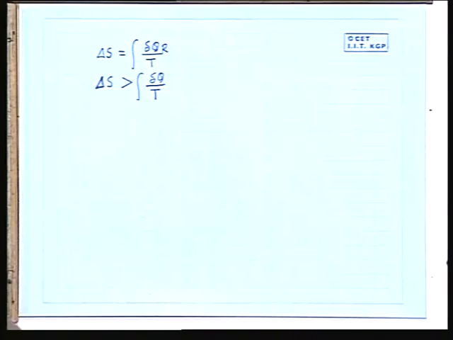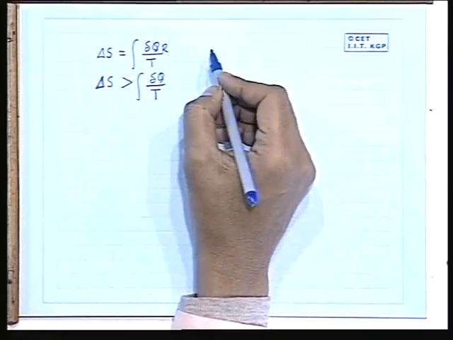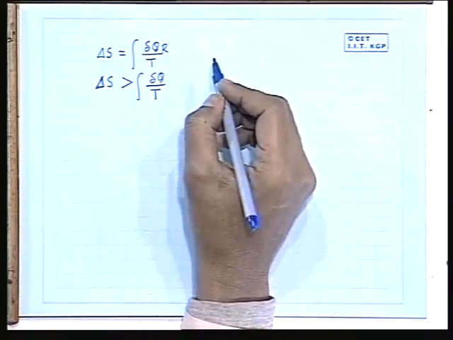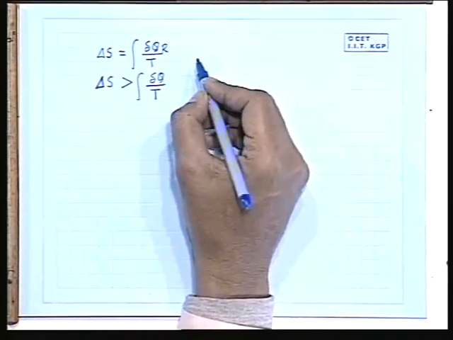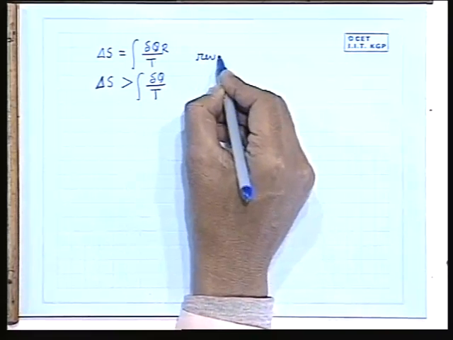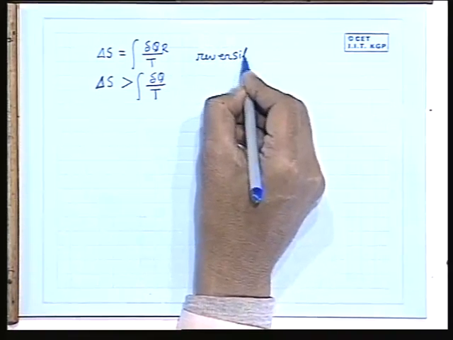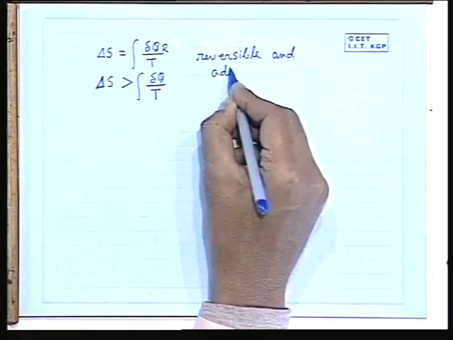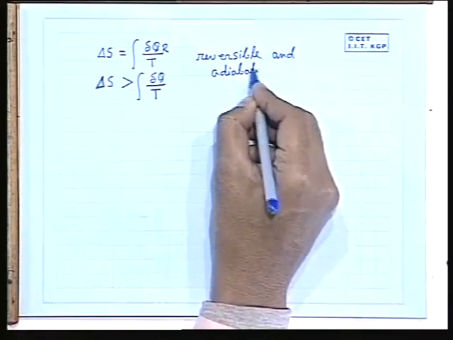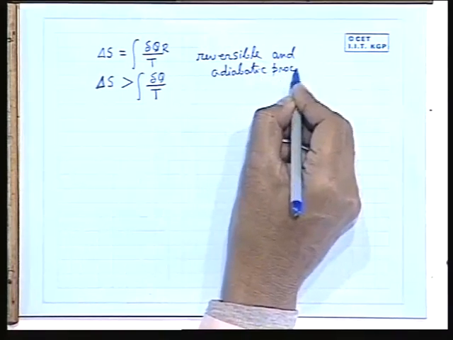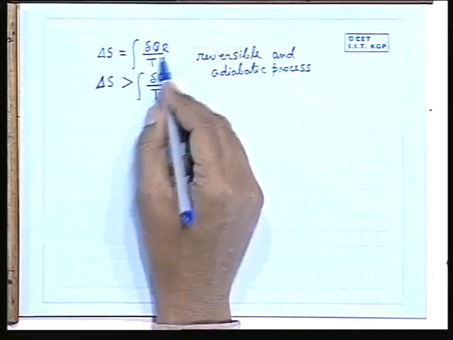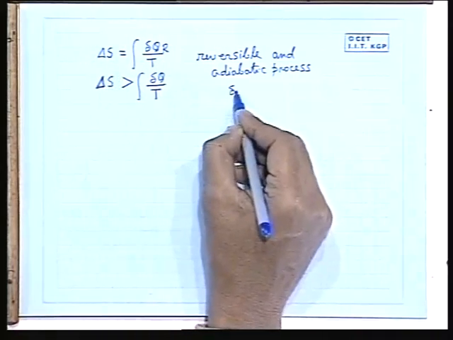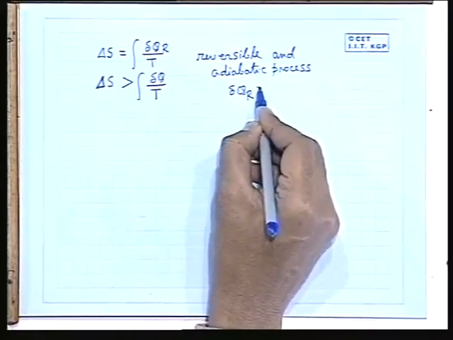Then we recognize that if a process is adiabatic and reversible, delta Q is 0, and since the process is reversible, delta Q R is 0.